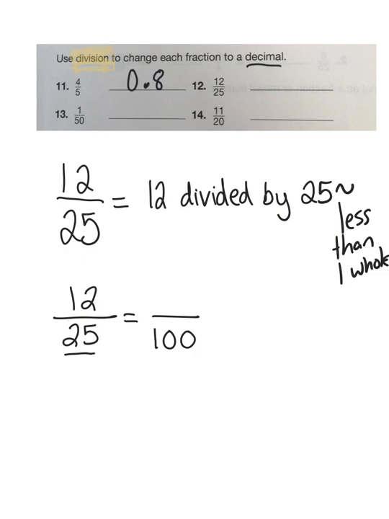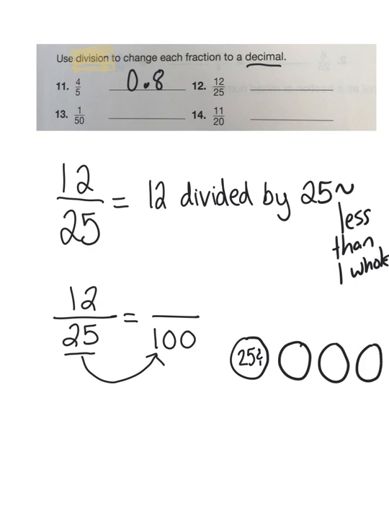So you're probably wondering, how are we going to change our denominator of 25 to a denominator of 100? Let's start with a visual model. Imagine that you have a quarter and you want to know how can you multiply this so that you have not just 25 cents, but 100 cents or $1.